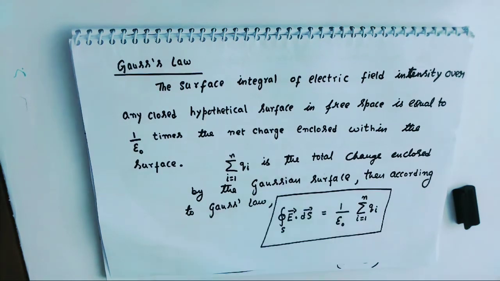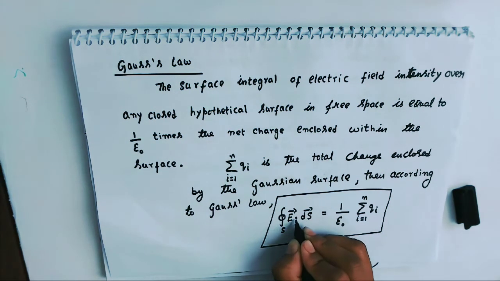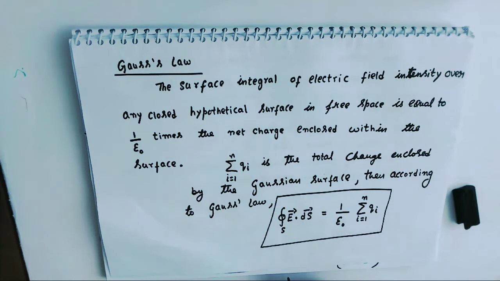So this is Gauss's law. And this surface integral of E dot ds over a closed surface is denoted by phi E.